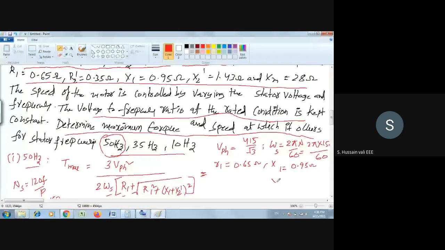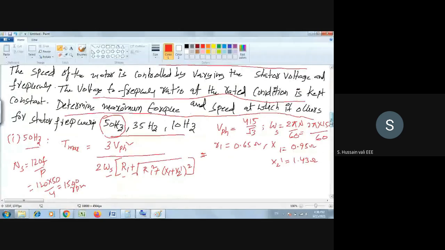So everything is given in the data, and we can directly substitute in the equation. Everything is a known value here. Then you will get the answer: 174.596 Newton meter. This is the maximum torque.